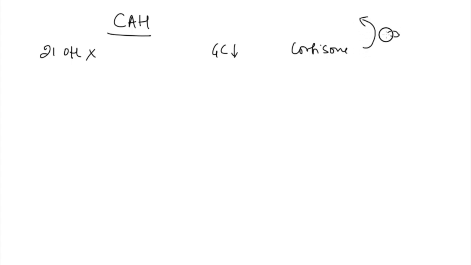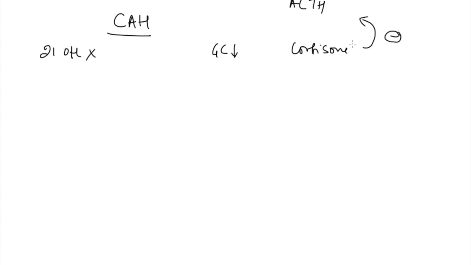So why is it called congenital adrenal hyperplasia? Now we have just studied in this 21 hydroxylase deficiency, we don't have glucocorticoid, correct? So that is your cortisone. This cortisone has a negative feedback on the production of ACTH from the pituitary, correct?